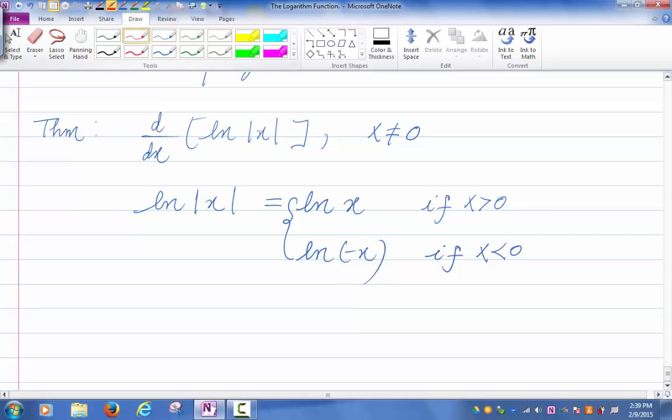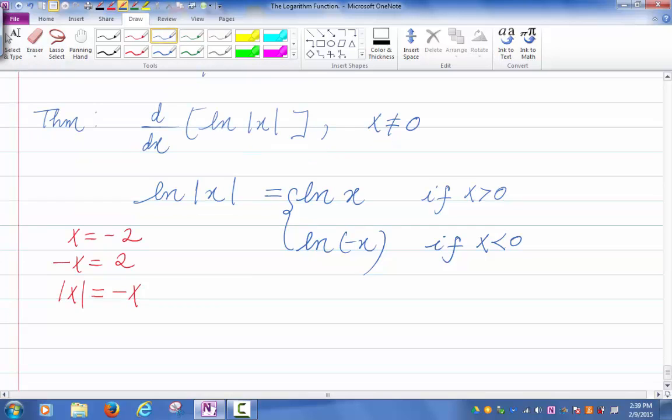In other words, if x is, say, negative 2, then negative x would be positive 2. So absolute value of x is the same as negative x in this case. So when x is negative, absolute value of x is negative x.